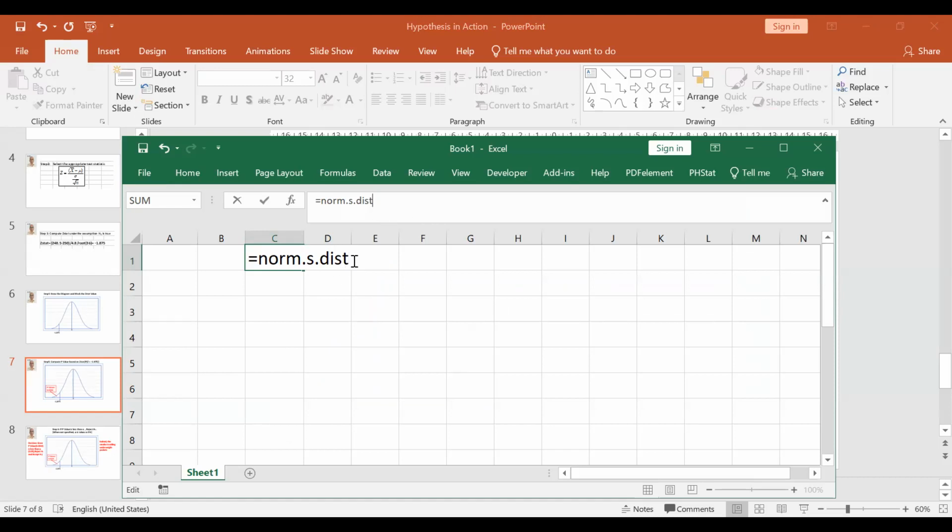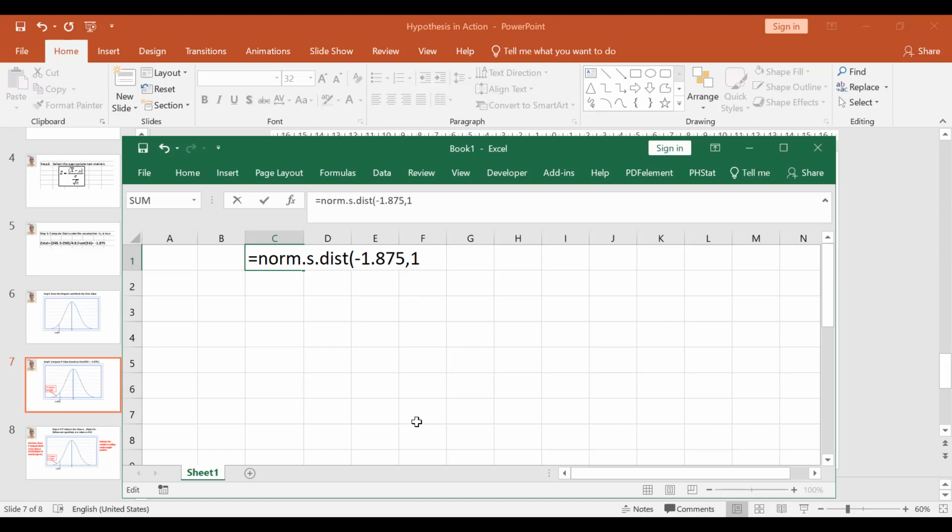In the brackets, I substitute the computed z-stat, minus 1.875, and for the cumulative distribution we put 1 to represent cumulative is true.